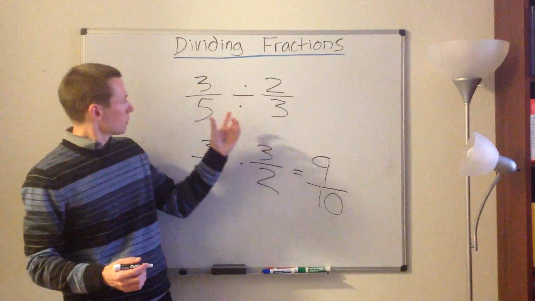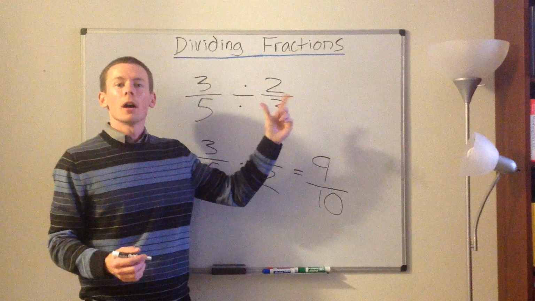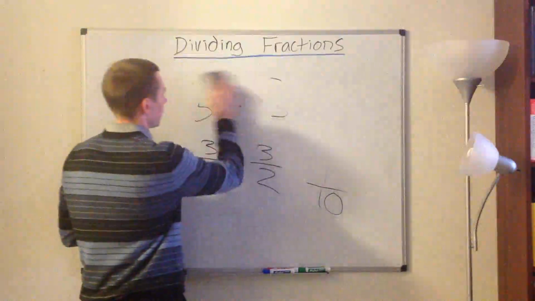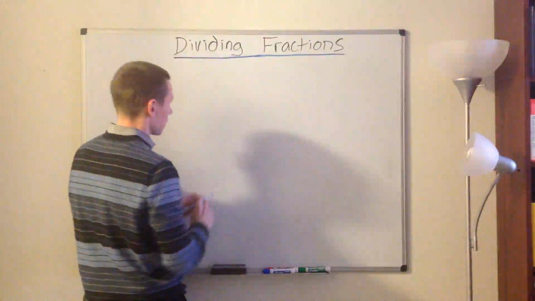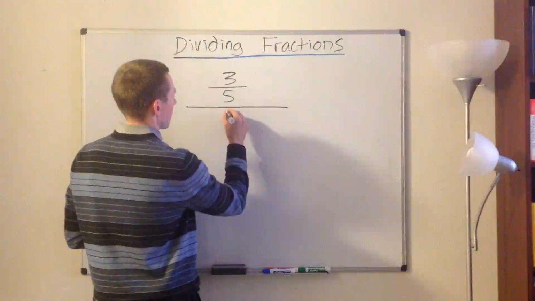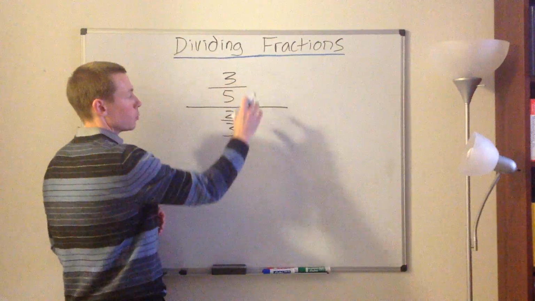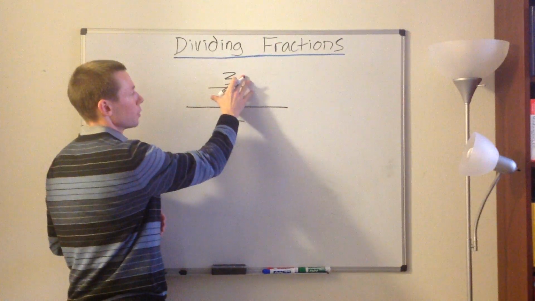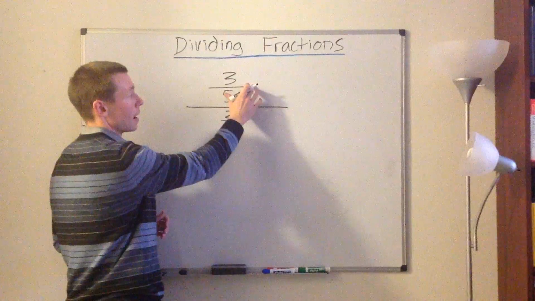So again, to summarize, take the number on the left and then multiply it by the reciprocal of the number on the right. Or, if you see it written like this, with a fraction as the numerator and a fraction as the denominator to signal division, you stick with your numerator and you take the reciprocal of the denominator and multiply it by the numerator.